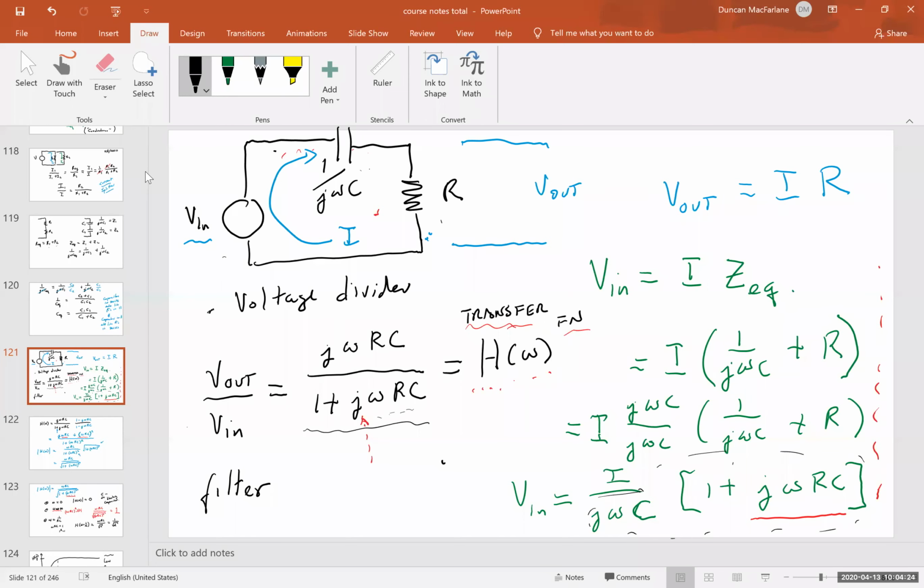And so this relationship to omega and to RC is very, very magic. We talk about RC as being a unit of time because time times frequency is dimensionless. And so we have an RC time constant associated with this connection of the resistor and capacitor. And that's very, very famous.